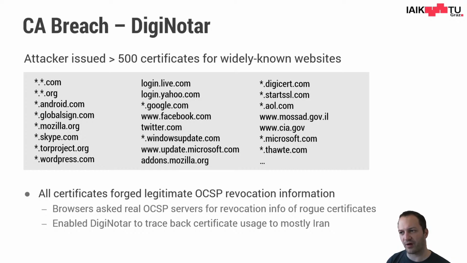And besides these domain-specific certificates, they also issued certain wildcard certificates. What you see here with this *.*.com is a so-called wildcard certificate, which you can use for any com domain. So this asterisk will match anything, for example *.google.com will work for any subdomain of google.com, and this certificate will work for any com domain, that one for any org domain.